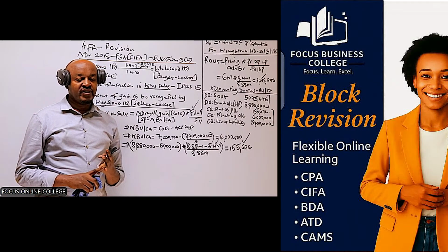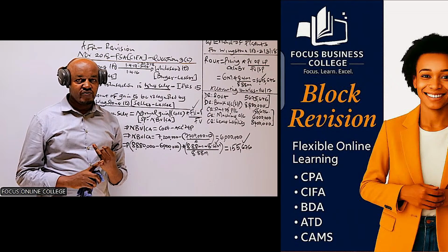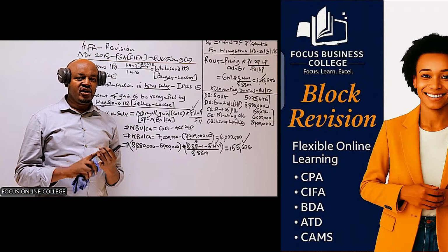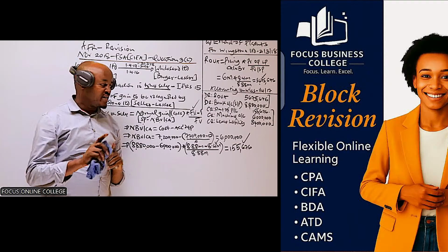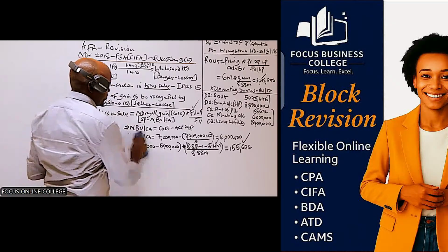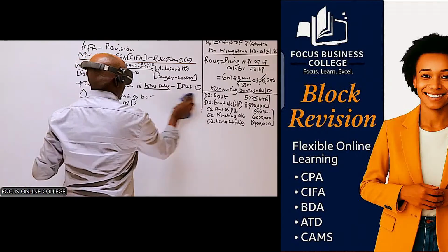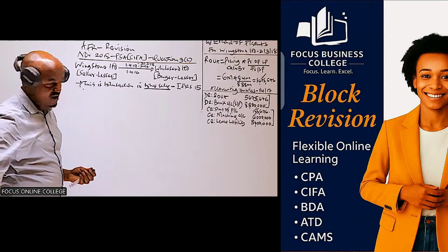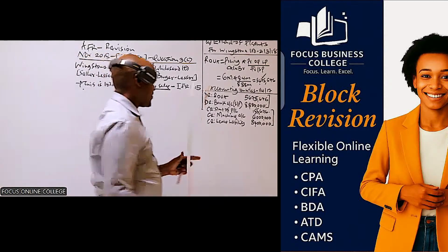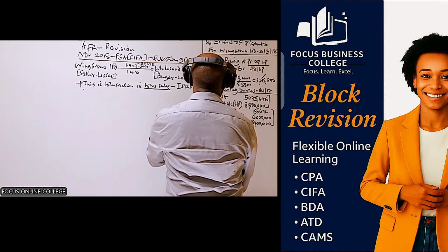Then in the statement of financial position, we will basically show the right of use asset at the net book value, and number 2, the lease liability, which we must split into 2, the non-current and then the current. So what we need to do first of all is determine the depreciation of this asset. So what will be the depreciation of the right of use asset?